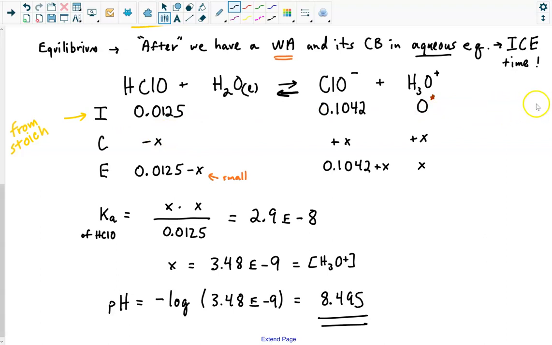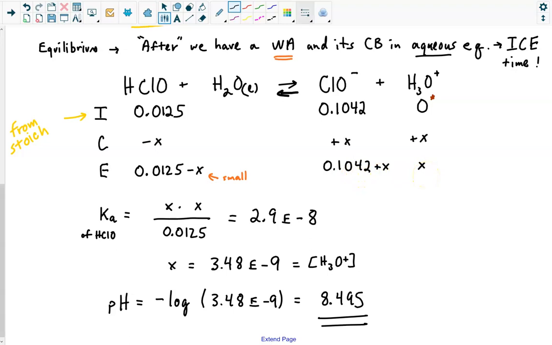But anyway, so then these guys, you look at this, and so the HClO will react to create the hydronium. So its concentration will go down by X, and then the guys on the other side of the equilibrium will go up by X. And so then the equilibrium concentration will be 0.0125 minus X, and of course ClO minus 0.1042 plus X, and then the H3O plus X.